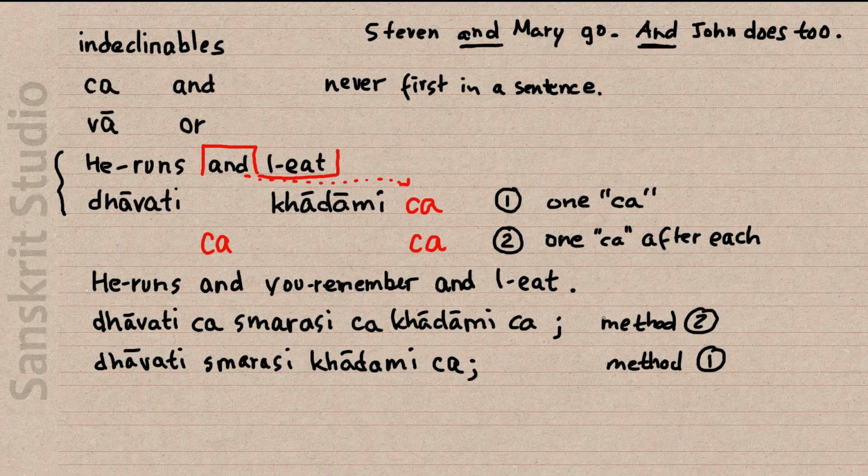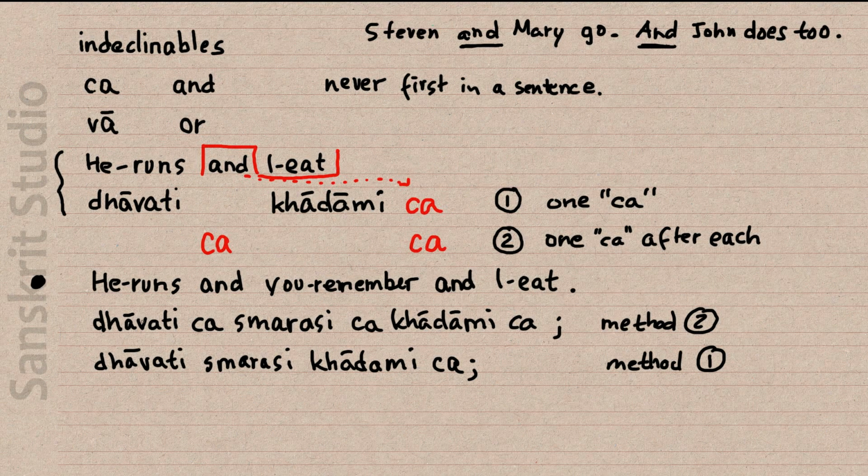So my idea here is that we are using method number 1 as the default. Unless I say so explicitly, when we are doing an exercise like from English to Sanskrit, like this one here, he runs and you remember and I eat, the default always is method 1, because that's the simplest, most concise one.